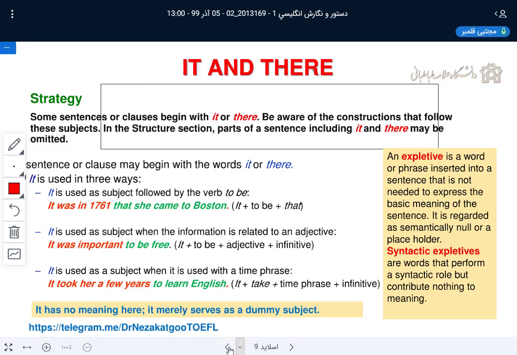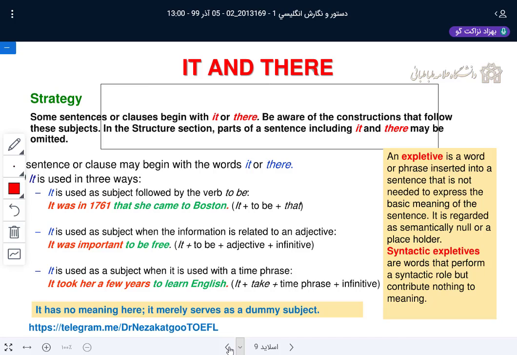It is used as subject followed by the verb to be, like: It was in 1761 that she came to Boston. Okay, it plus to be plus that. Very good. It comes in this pattern. So here, grammatically, it is a subject, but semantically, it doesn't convey any message.